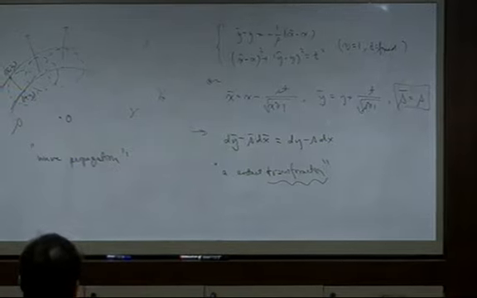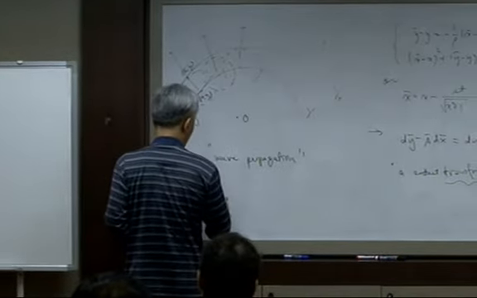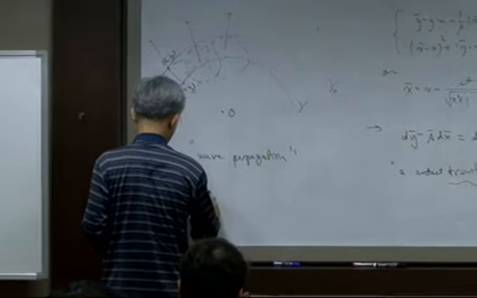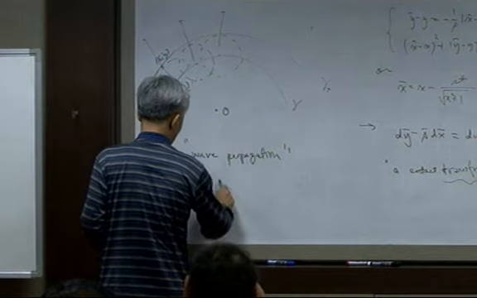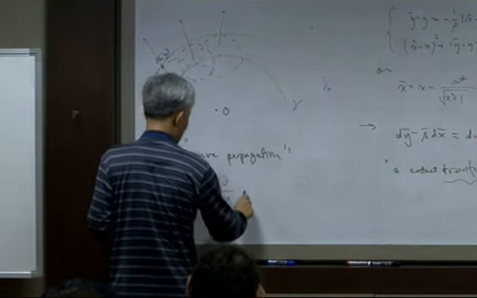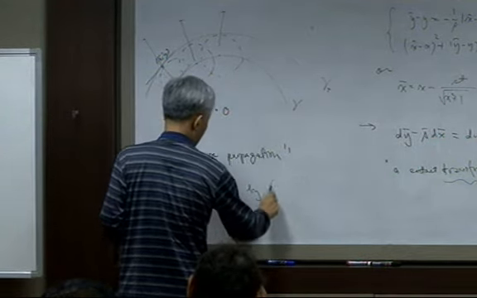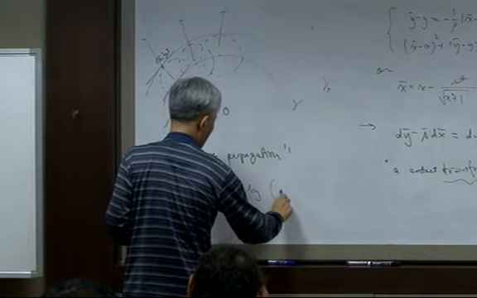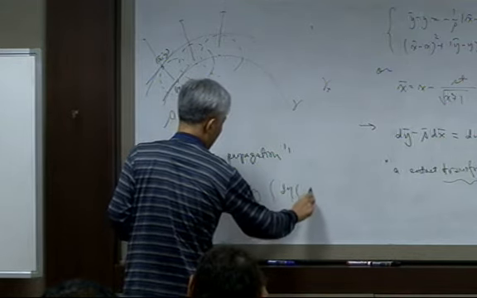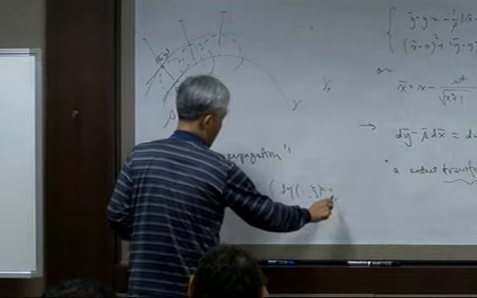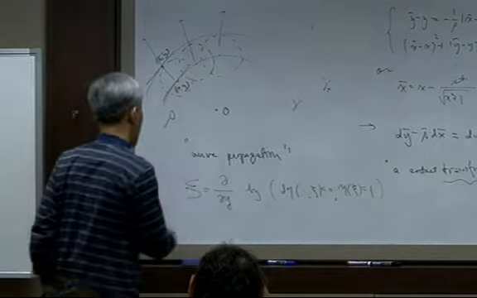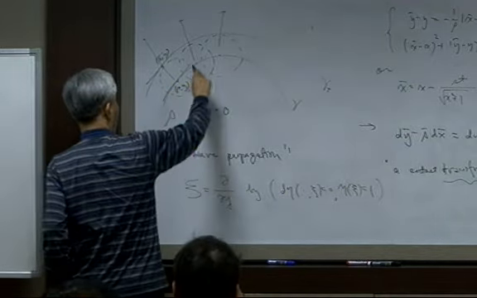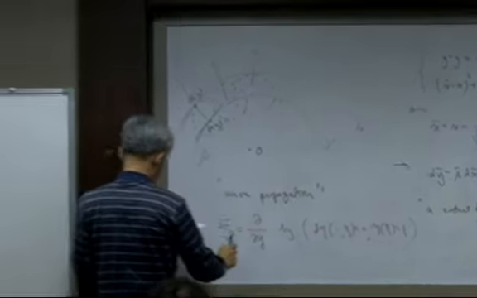Then the Reeb vector field psi is determined by these relations: d eta(psi, ·) equals 0 and eta(psi) is 1. Actually, this direction is the propagation direction.